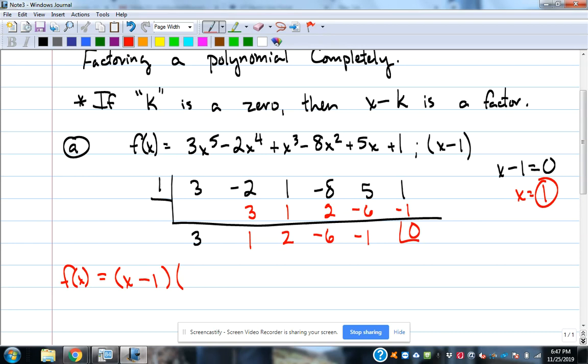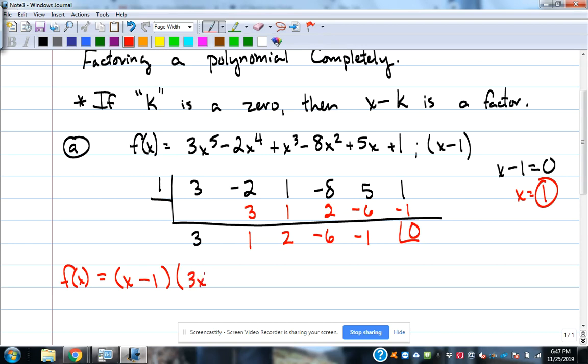So this is x to the fourth, x cubed, x squared, plain x, and the constant. That works if the remainder is 0. It takes this polynomial and makes it smaller, which makes it a little easier to work with going forward.